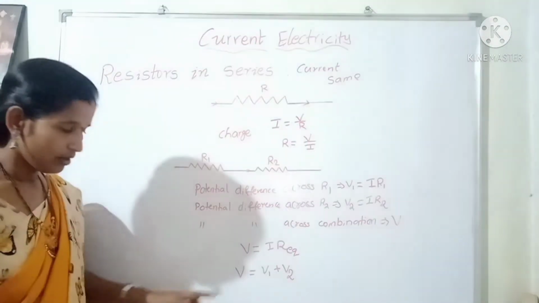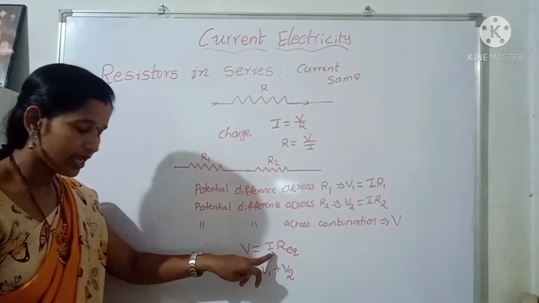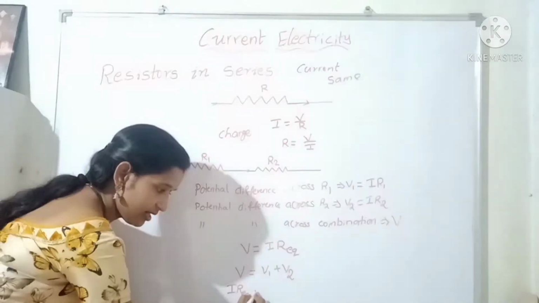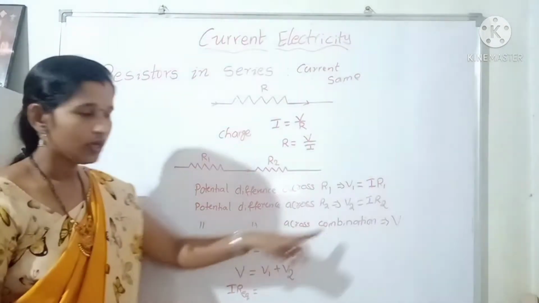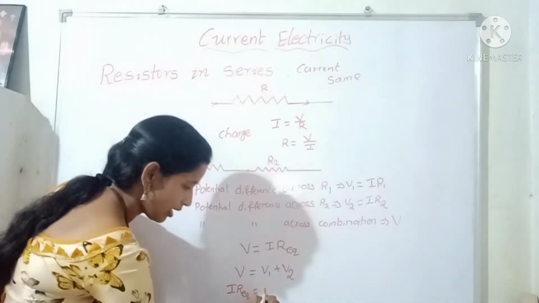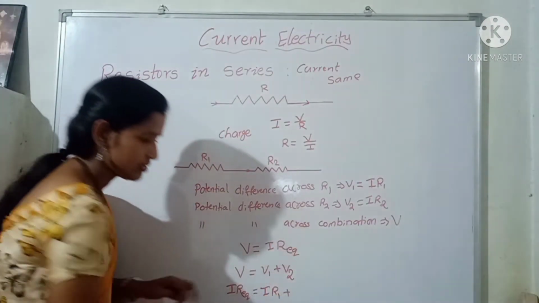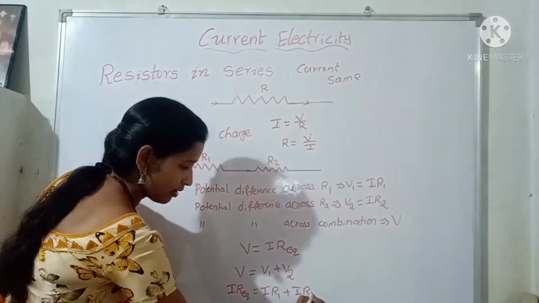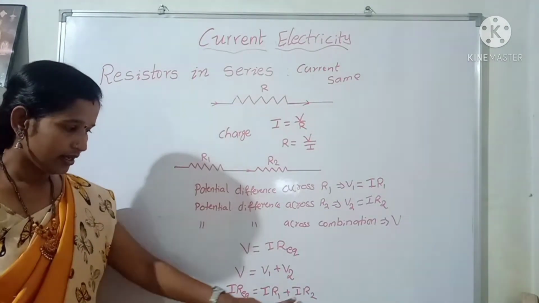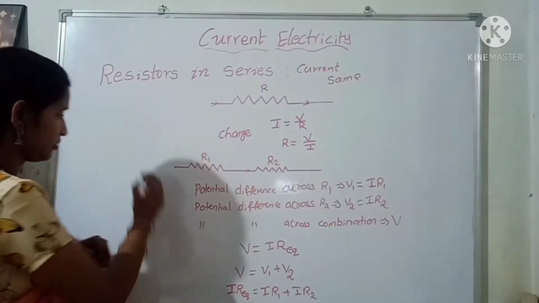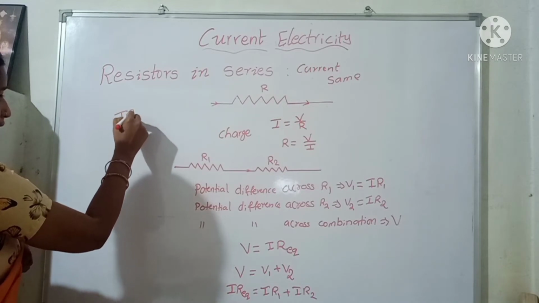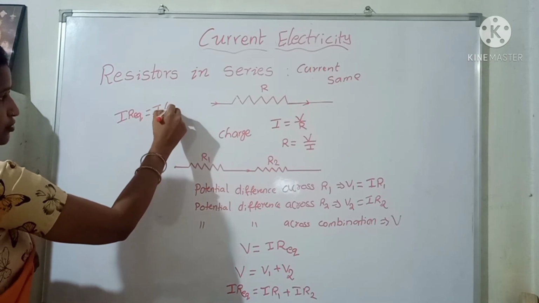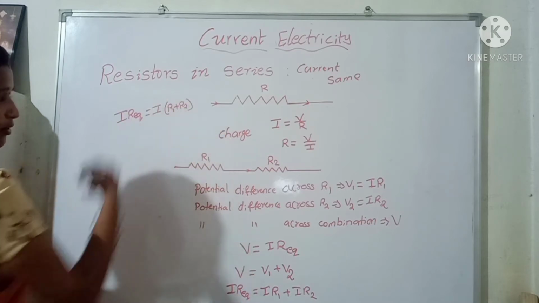Already we wrote the V formula: I R equivalent equals V1, which is I R1, plus V2, which is I R2. Taking I as common, I R equivalent equals I times R1 plus R2.